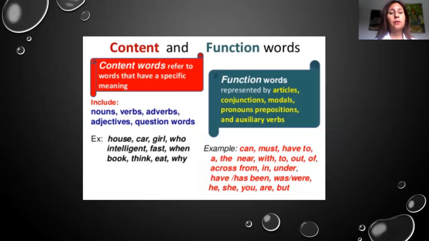Content words refer to a specific meaning, as you have seen: nouns, verbs, adverbs, adjectives. And the function words: the articles, conjunctions, modalities, auxiliary verbs, as you have seen. Maybe you can find in some websites or in some books structural words and others as functional words, and it is okay because it is the same.